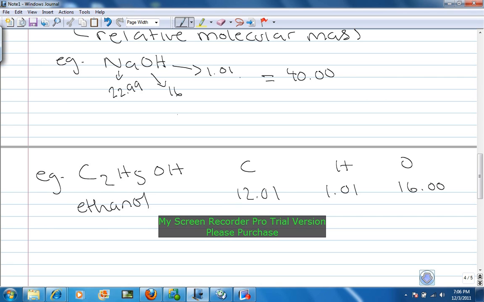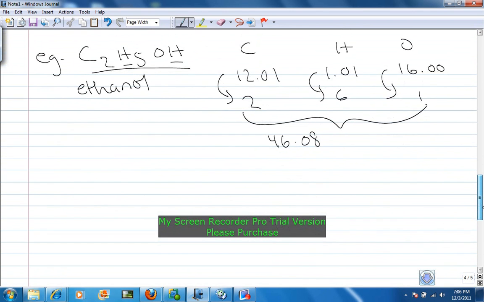Then you write down how many of each is in the ethanol molecule. So it's 2 of carbon, you have 5 plus 1 is 6 of hydrogen, and 1 of oxygen. So what you do is you multiply these numbers together, and then you add them together. Your final answer should be 46.08.